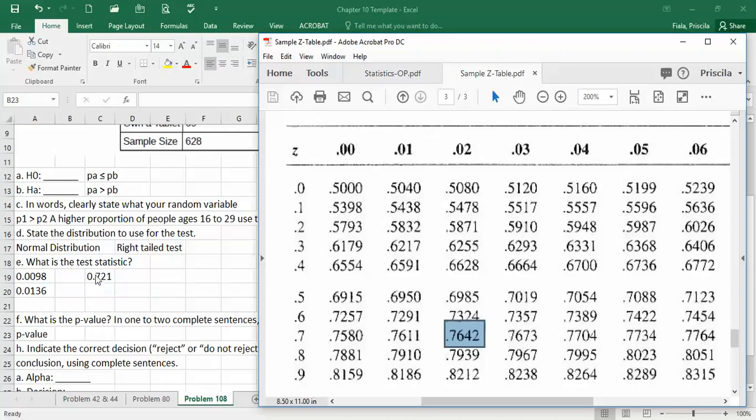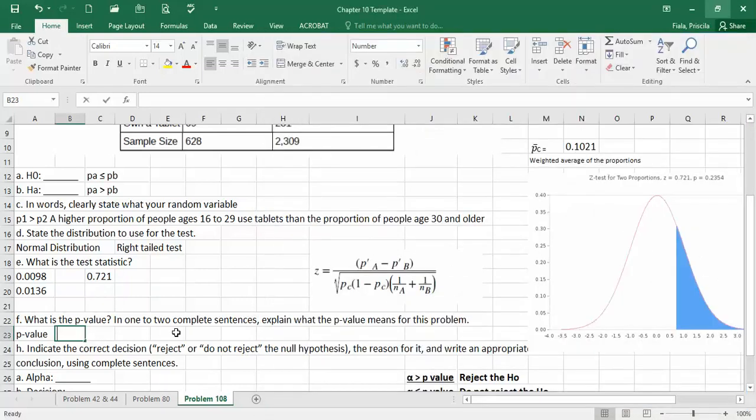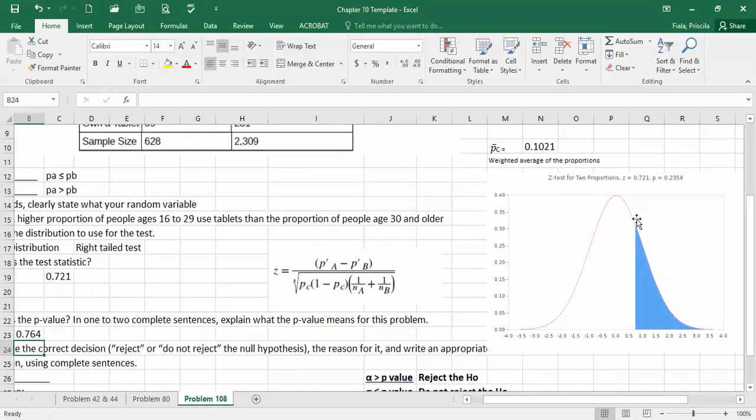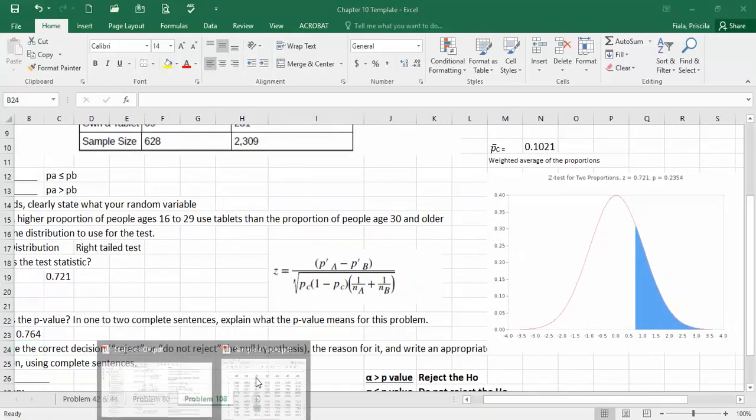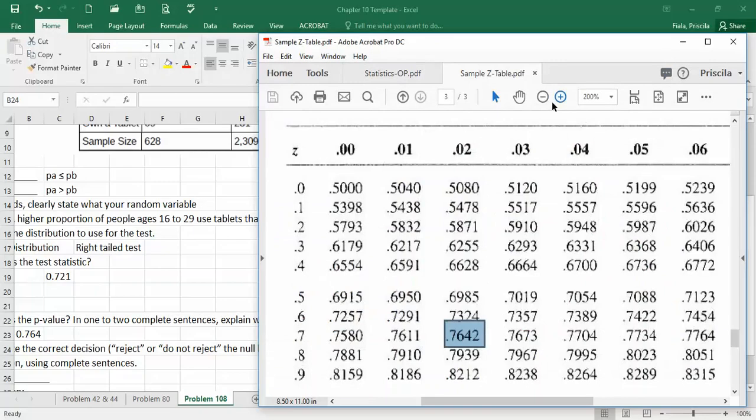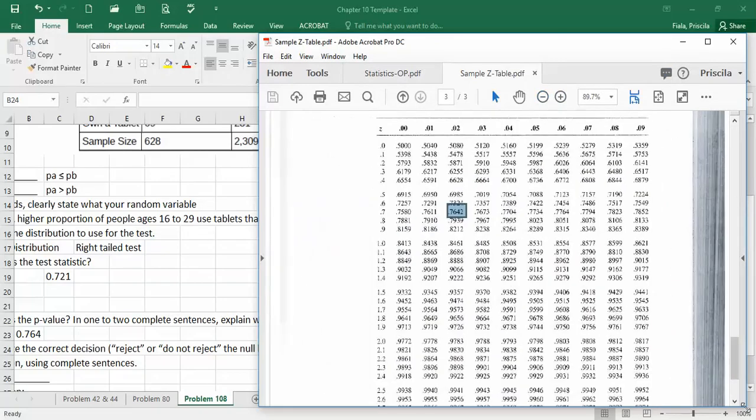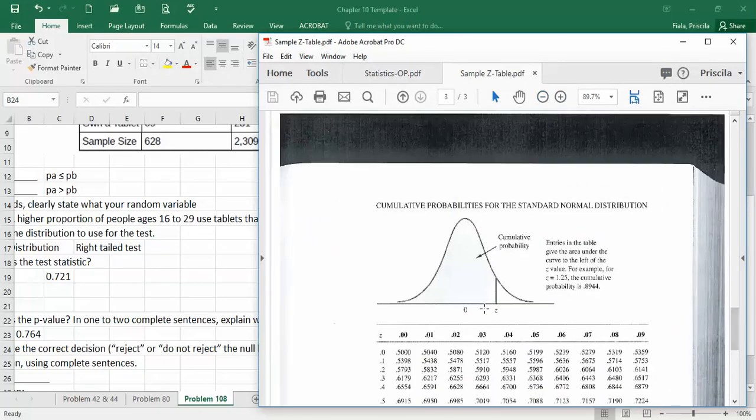So based on this test statistic for the z-score, we have a 0.7642, correct? And then you look over here and you say it's wrong. Well, actually it's not wrong because we are only asking for this side of the table. If you go over here to your table, you're gonna notice that it's giving you all these values, but this little portion.